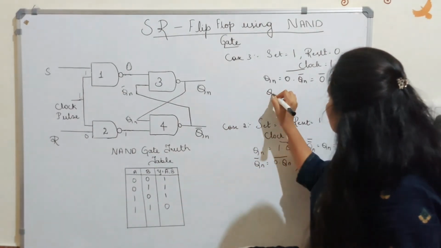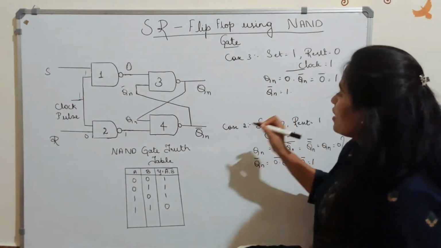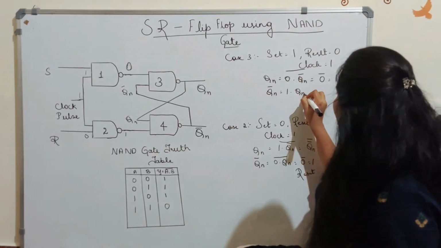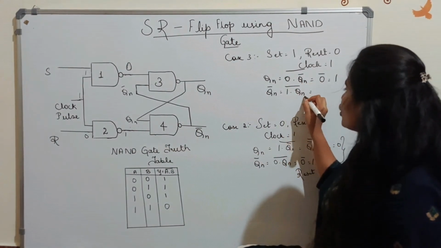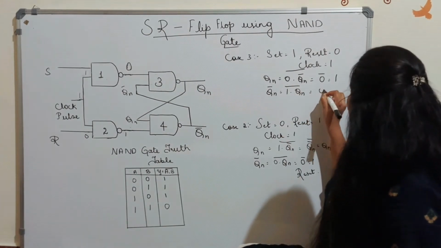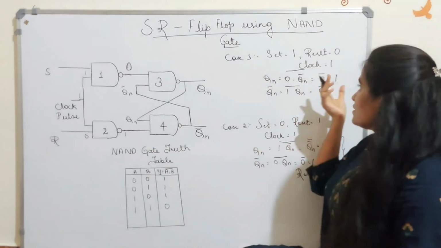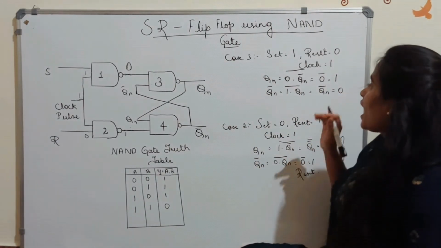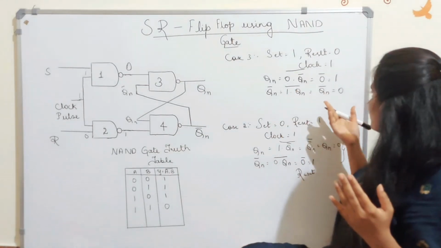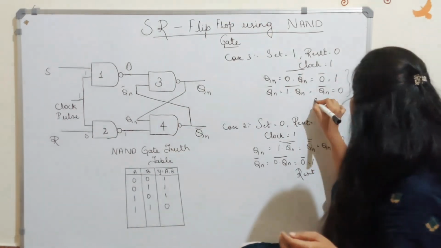Now Qn complement is equal to, the first input is 1 and the second input is Qn. With reference to the expression, I'm complementing both. Qn into 1 is Qn. I'm writing down the complement here. As Qn is equal to 1, now Qn complement turns out to be 0. As Qn is 1 and Qn complement is 0, the entire circuit falls under the state of set.